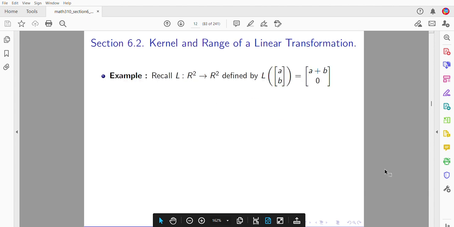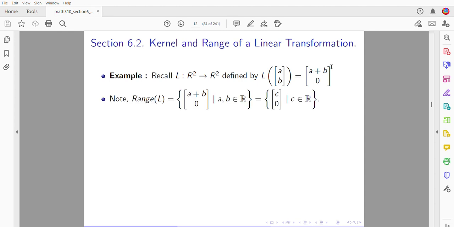Now let's consider this example we saw in our previous video. R2 to R2 defined by, for vector (a, b), the output is (a plus b, 0). So that's a 0, whereas the first coordinate is a plus b. Now what is the range? Range is a collection of all such vectors. A and b can be any real number. Well, what does that mean?